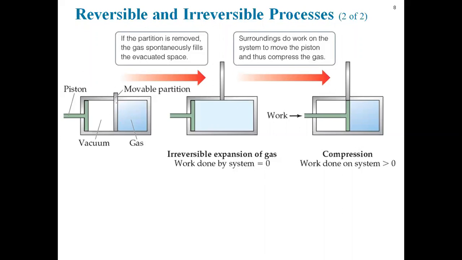So what we can think about is if we take this movable partition, this barrier, away, and the left side is vacuum. Naturally, when you take this piston away, you see the gas spontaneously expanding to take all the volume of the piston.